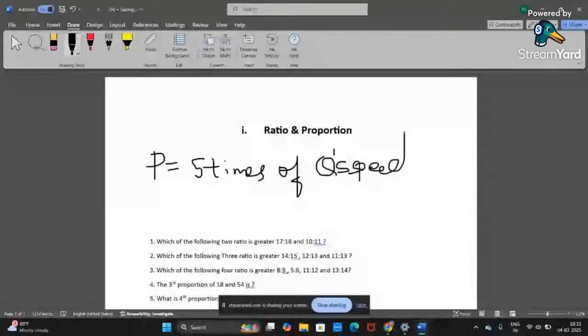What does it mean? How do we write it in proportion? P equals 5 times Q. When we need to compare between two or more quantities, we use ratio. Okay, fine. We'll solve a few sums based on ratios.